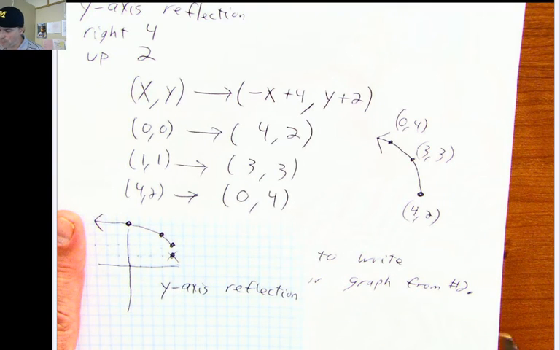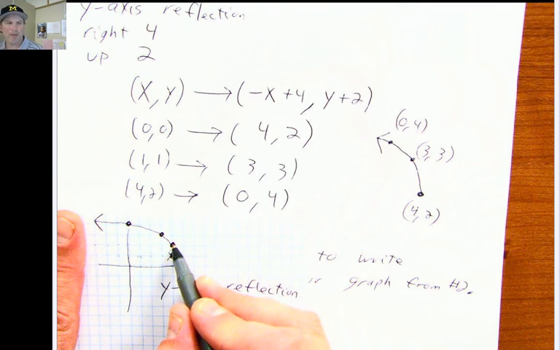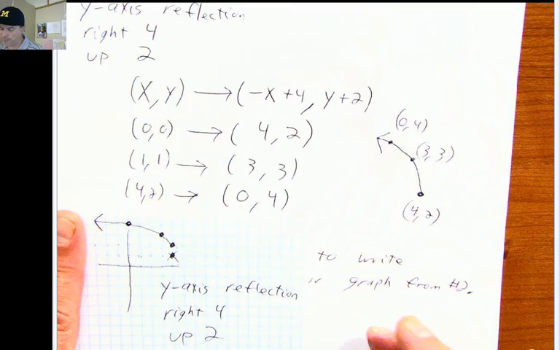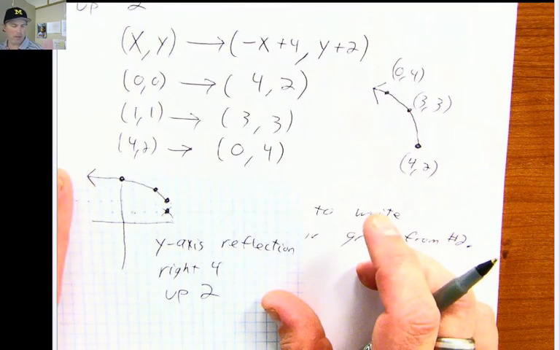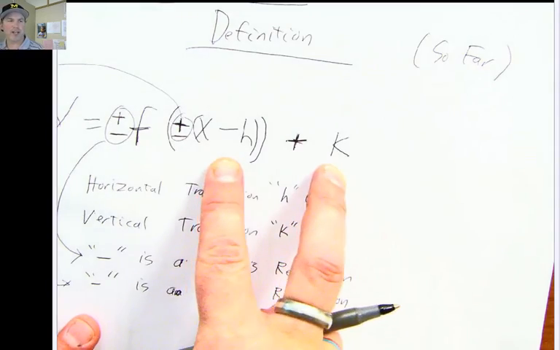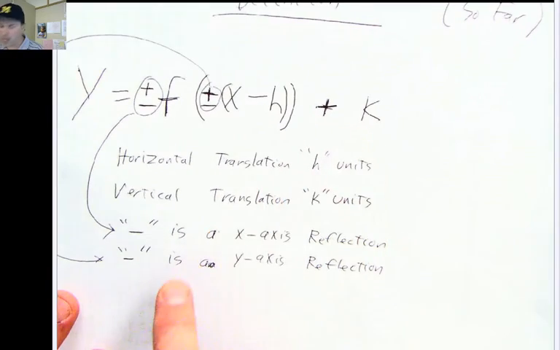And then from there, for up, down, left, right, you could just look at the starting point. The starting point is at 4, 2, which means that this one must have traveled right 4 and up 2. And then in our guide, we've been dealing with translations in class, so I'm not concerned about that.